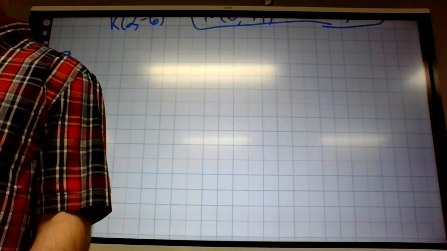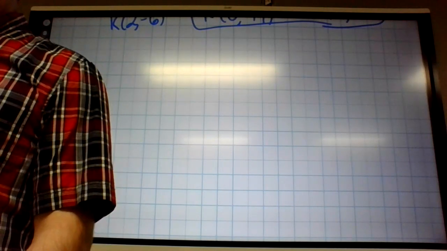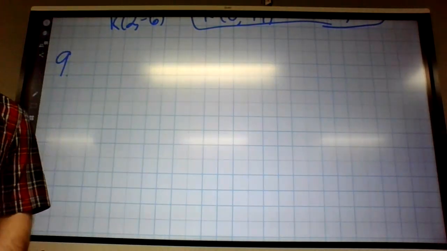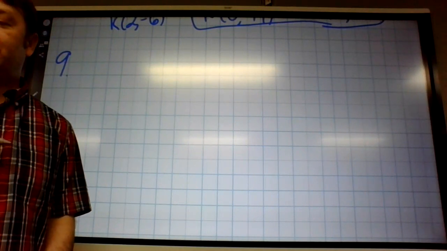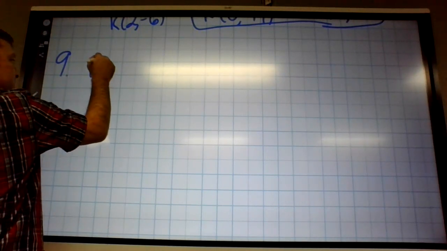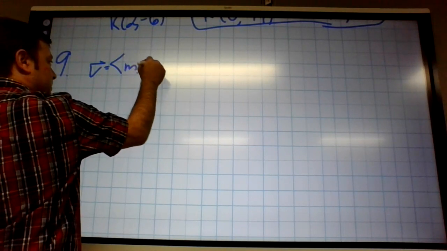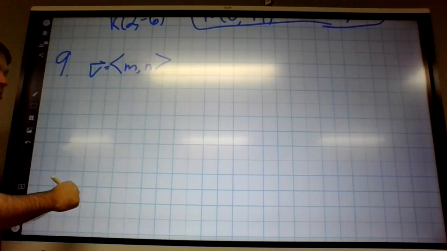Okay, number 8 looks like it's pretty much the same thing, same pattern. Number 9, almost the same thing. The vector says, instead of like 3, 4, it says like M, N. So how's that going to work? So you just put M plus A? Yes.